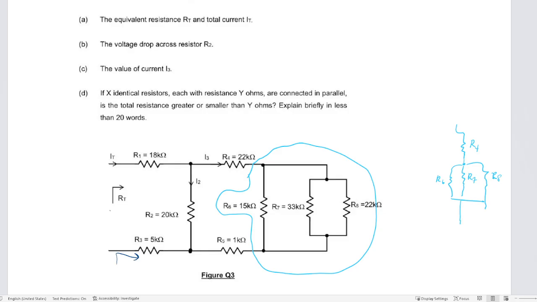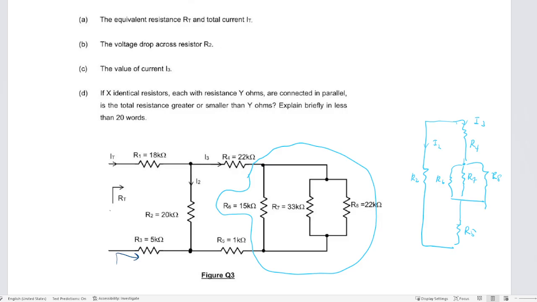Then it sums up back to R5. Then you have another parallel branch coming from R2, and this here is I2. Yeah, just redraw this. Isn't that nice?